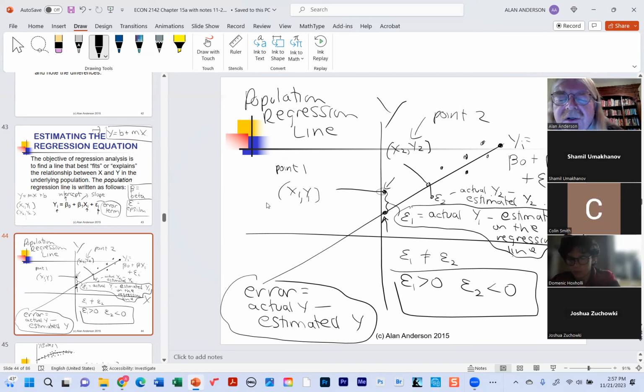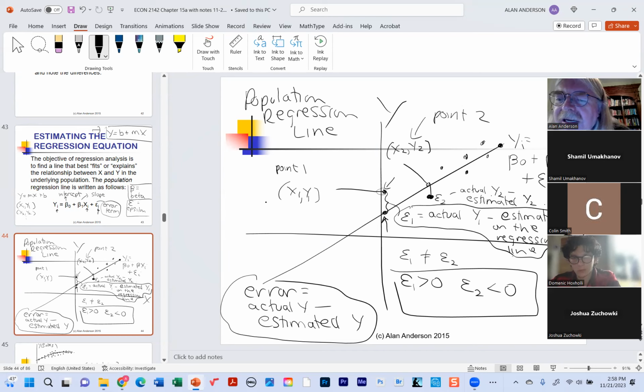Now, that error term is positive because, remember, it said actual minus estimated. If we underestimated the value of y, that means we have a positive error. On the other hand, look at epsilon 2. For that one, the true value of y is very low here. It's below the line, which indicates a negative error term.